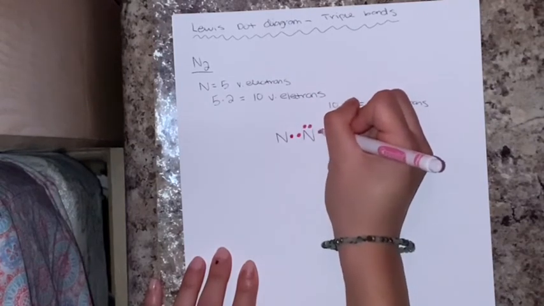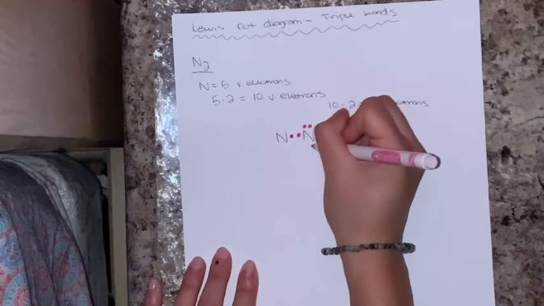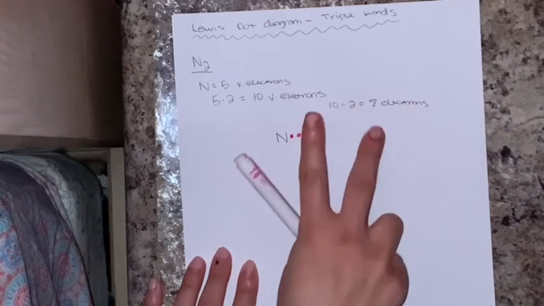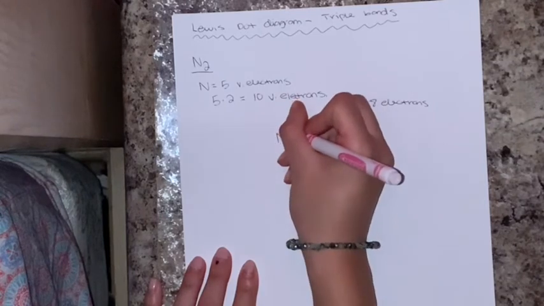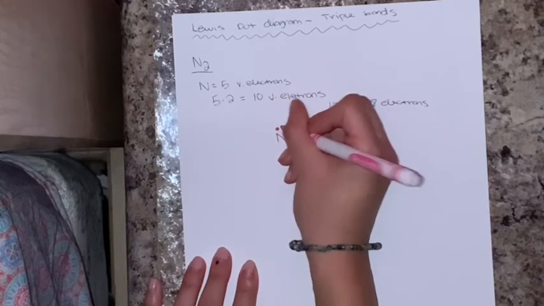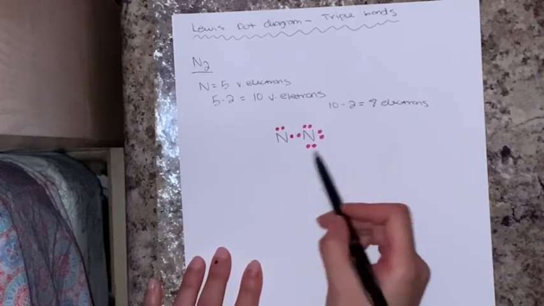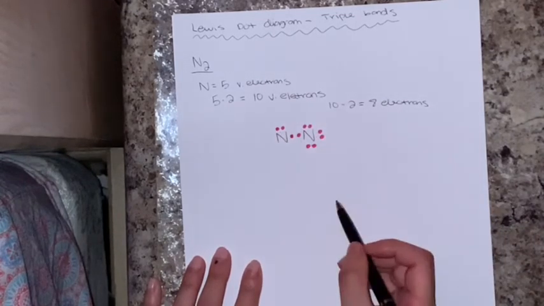So we're starting with the right. We are drawing 6 valence electrons. And as you can see, the right atom already has a complete octet. And here we're going to put the remaining electrons. And as I said before, the one on the right has a complete octet while the one on the left does not.